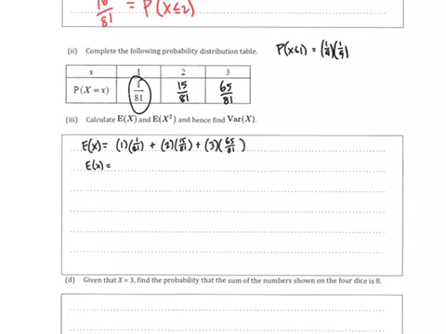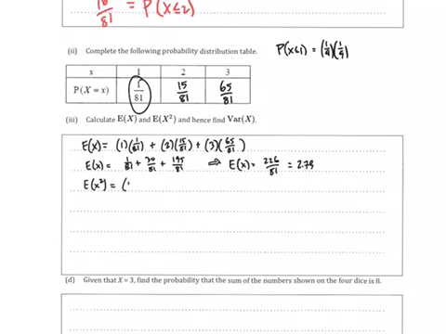So the expected value of X will be 1/81 plus 30/81 plus 195/81, which comes out to be 226/81. There's our expected value of X, to 3 sig figs, that is 2.79.